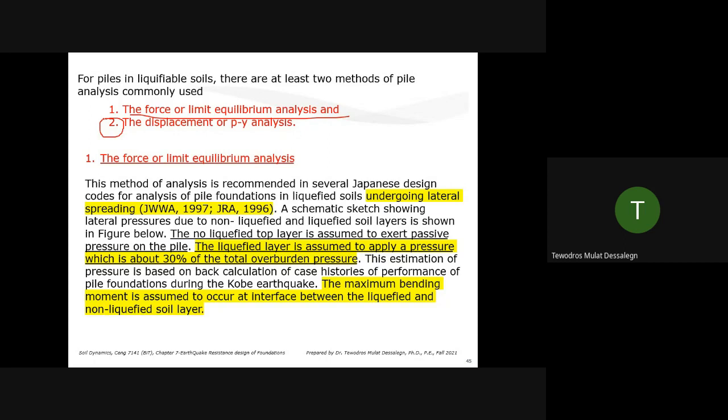But now the PY curve, it uses springs, right? From the PY curves. If it liquefies, what happened to the springs? Do they get stiffer or weaker? They get weak. Weaker, yes. If you have a good soil, you have some stiffness for springs.